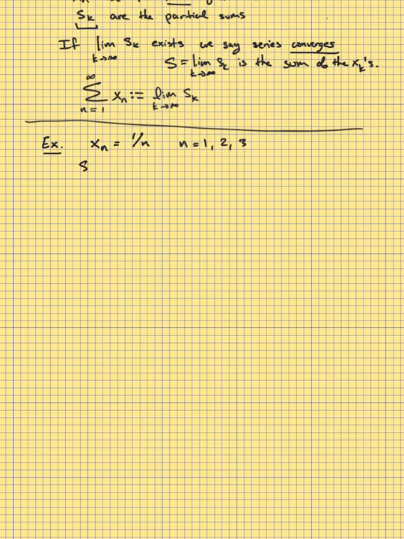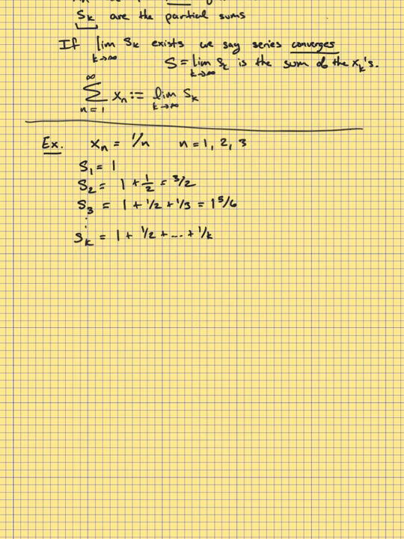So s1 is 1. s2 is 1 plus a half, so 3 halves. s3 is 1 plus a half plus a third, which is 11/6, I believe. So s sub k is 1 plus a half up to 1 over k.